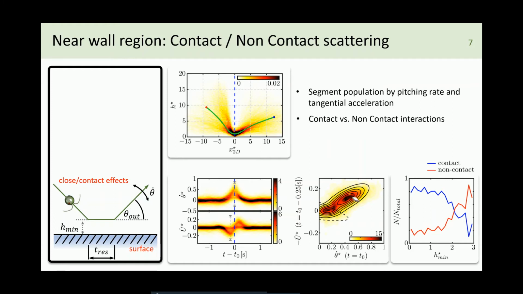If we look at the scattering events within the second mode here, we find that conversely, the cell approached the surface to a distance less than 20 microns, and therefore we can deduce that the cell within the second mode did come into direct contact with the surface.